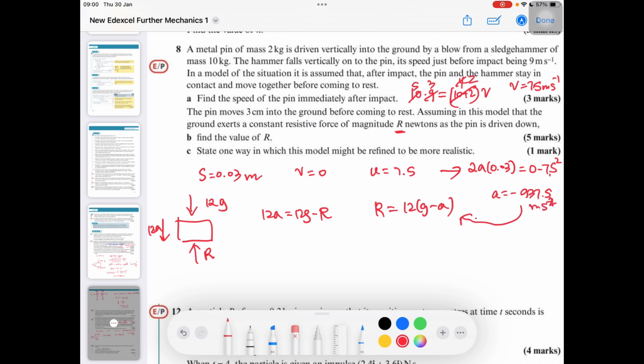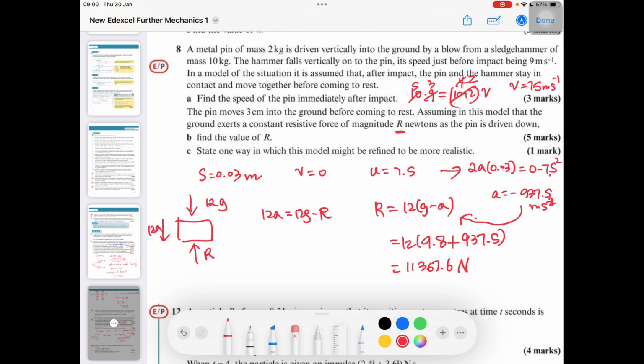So when we put it here, 12 times 9.8 minus negative 937.5. So 12, 9.8, 937.5. So 11,367.6 Newton.